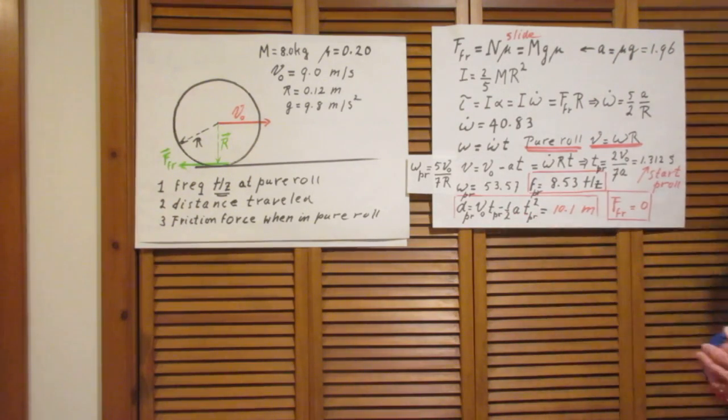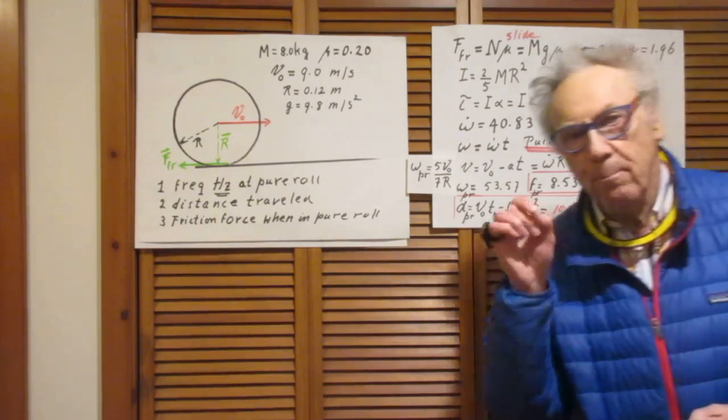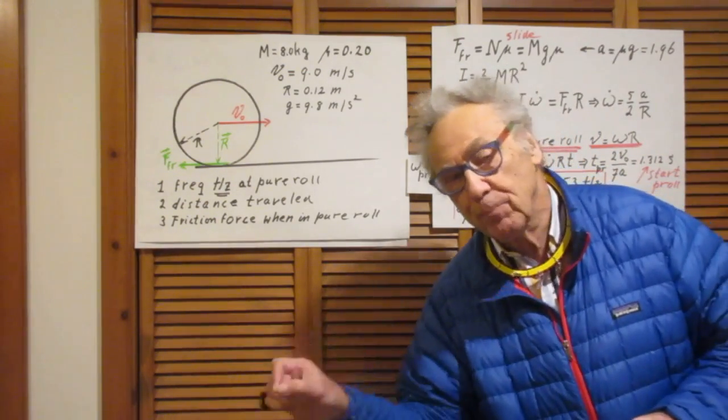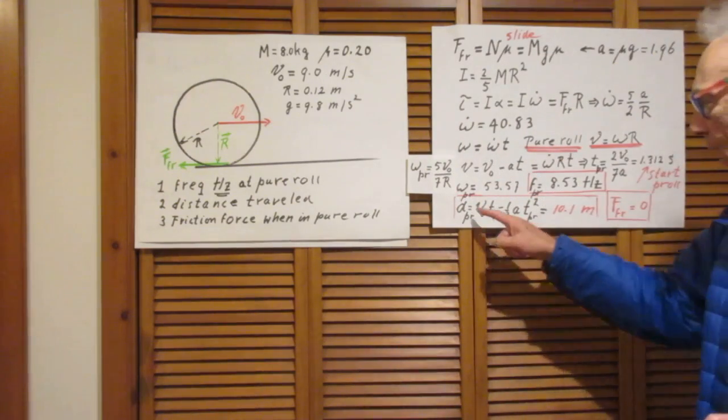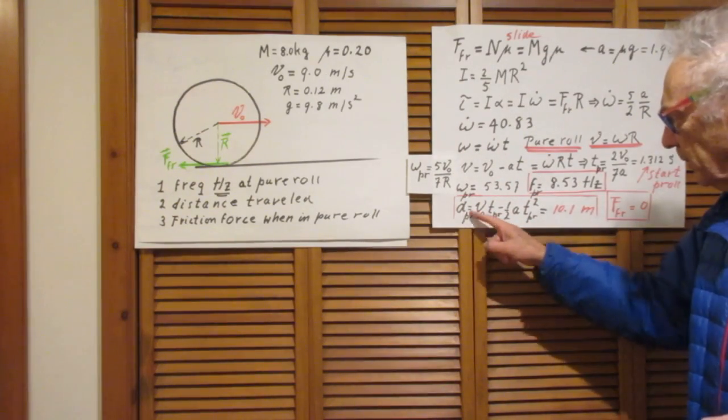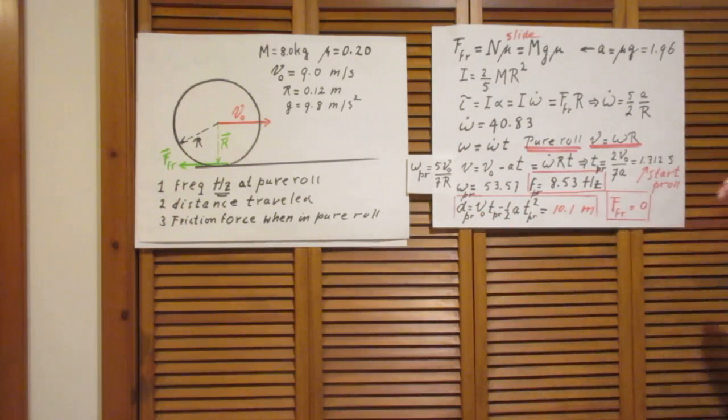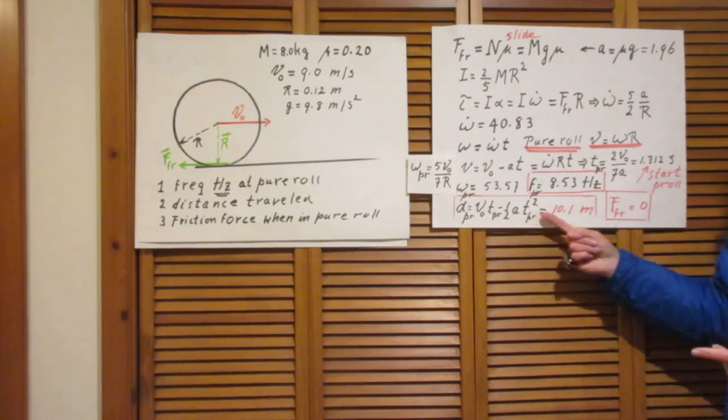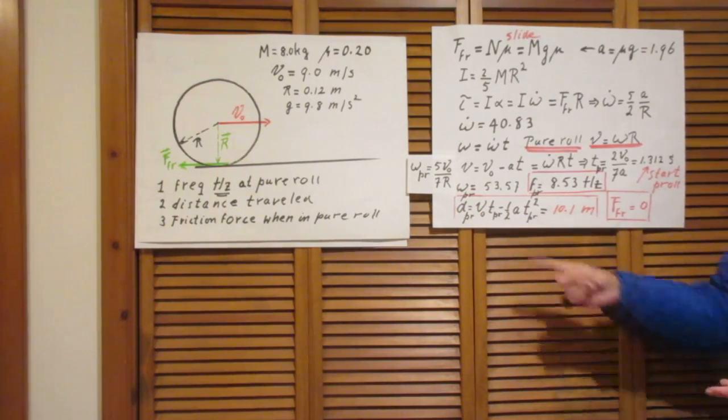Now comes the second question. What is the distance that it had traveled at the moment that it starts pure roll? So I call this dPR to make reference to the fact that it's the moment that it reaches pure roll. Well, that is the classic high school equation, of course.